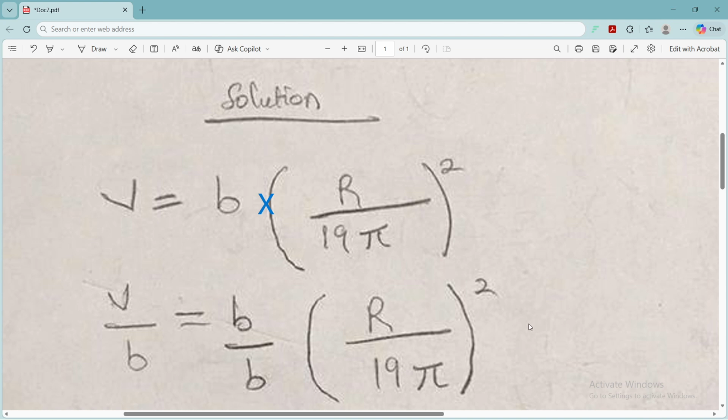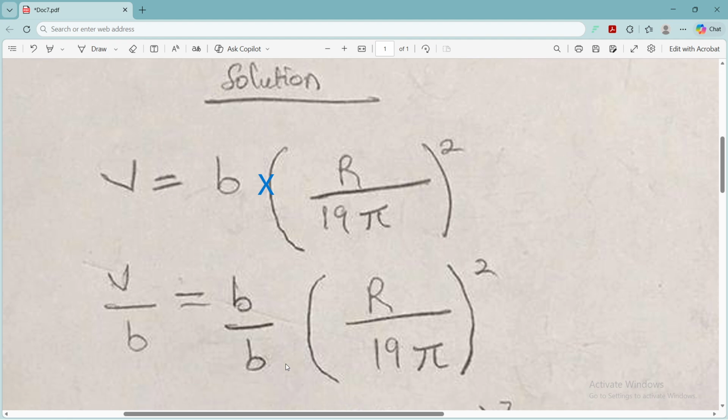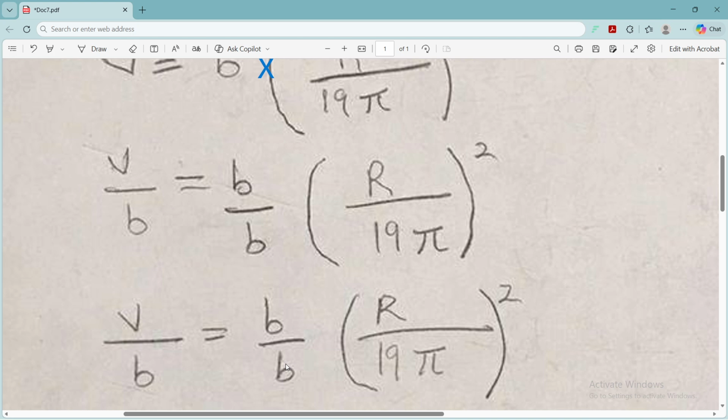close square, right? So here what we have to do is to cancel out. In doing our cancellation, we are going to have our new equation to be the fraction V divided by B equals the fraction B divided by B. So B will cancel itself out.